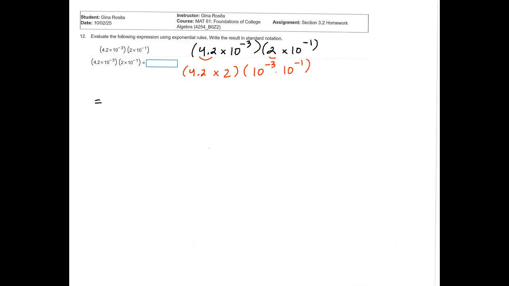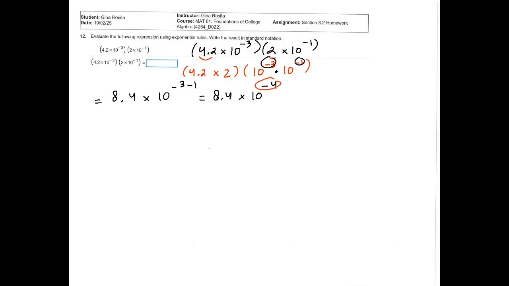8.4 times. Remember, this is times, exponent, we just add it, yeah? So 10 to negative 3 minus 1, so the answer becomes 8.4 times 10 to the negative 3 minus 1 is negative 4. So remember, go to the left because negative means go to the left. Okay, I just write on a different color.